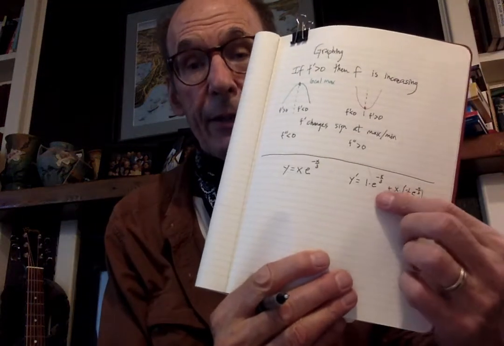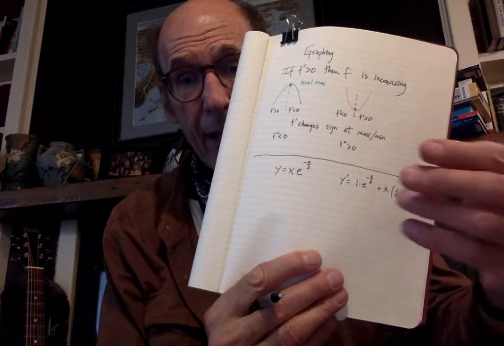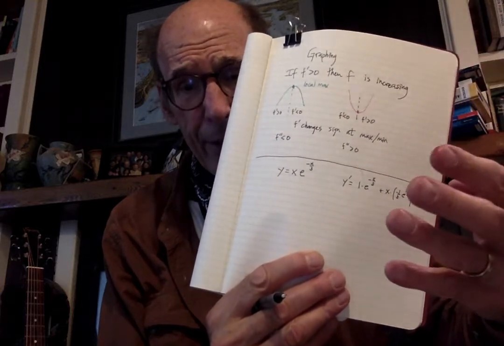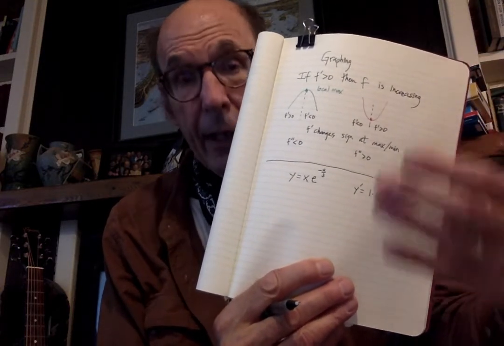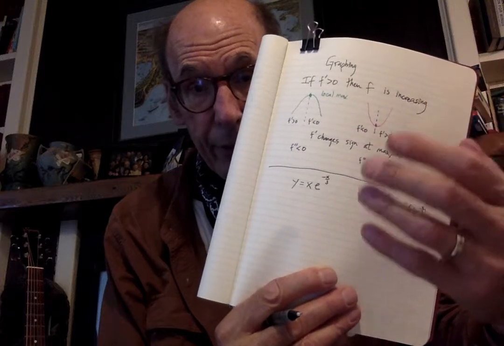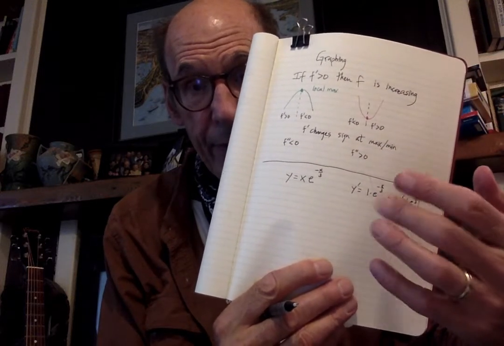And the derivative of e to the minus x over 3 is minus 1/3 e to the minus x over 3. That's the chain rule, because e to the minus x over 3 is a composition. You took x, divided it by minus 3. That's a function, and then you raised e to that power. That's another function. So the chain rule says the derivative of that is the product of the two derivatives. And so there's the deal.